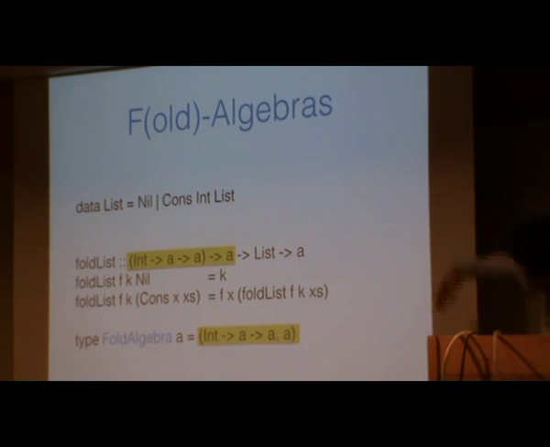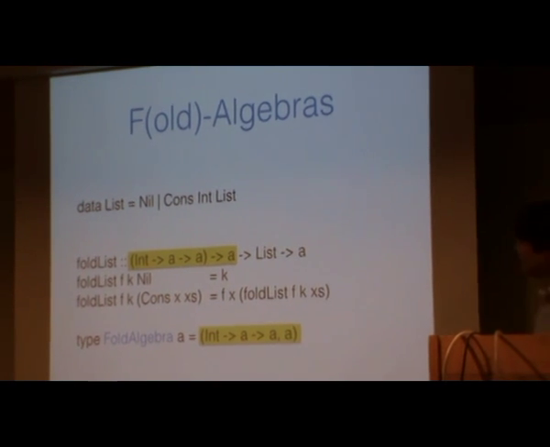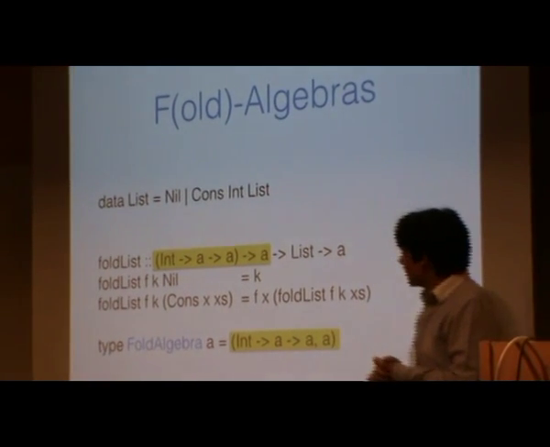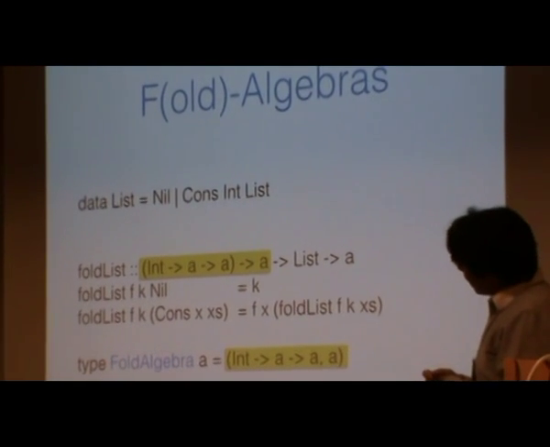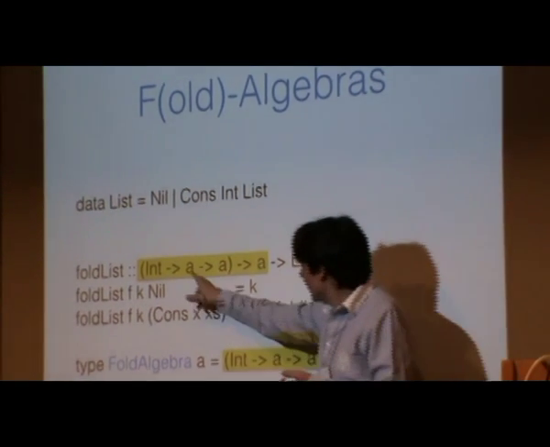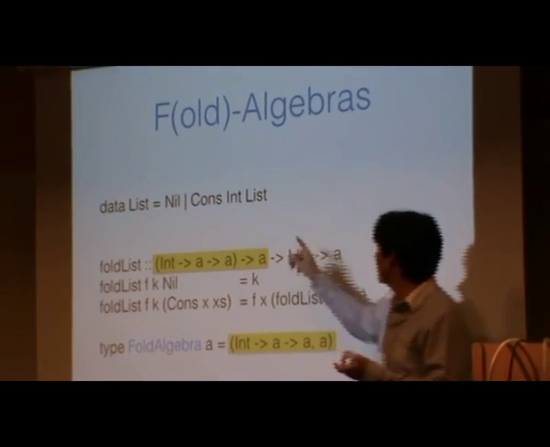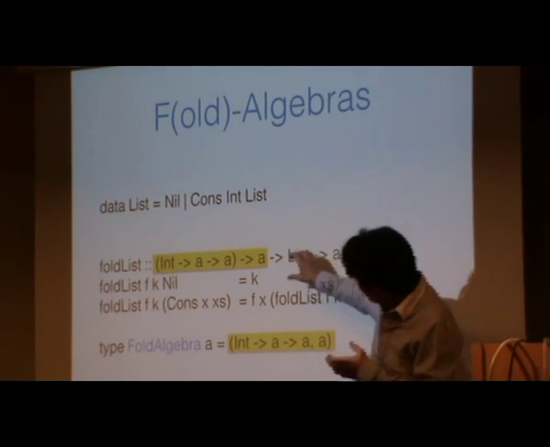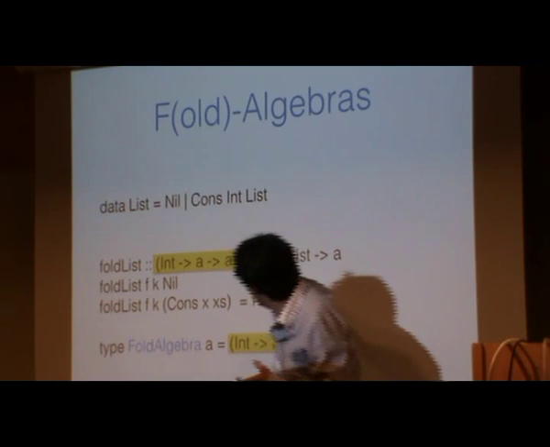So, okay, let's look at the simple fold. Let's suppose that you want to model a data type of integer lists. Okay, so you have a list with nil and cons of an int and a list. So the fold of that list needs to take 3 arguments: this function here, this parameter here, and the list. What I mean by an algebra here is these 2 arguments.